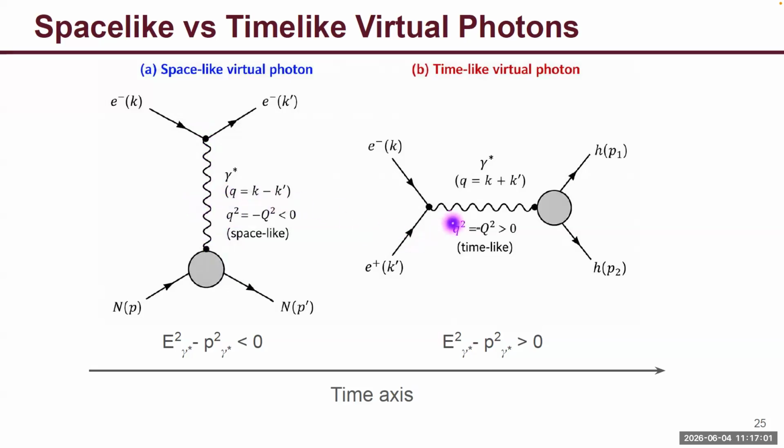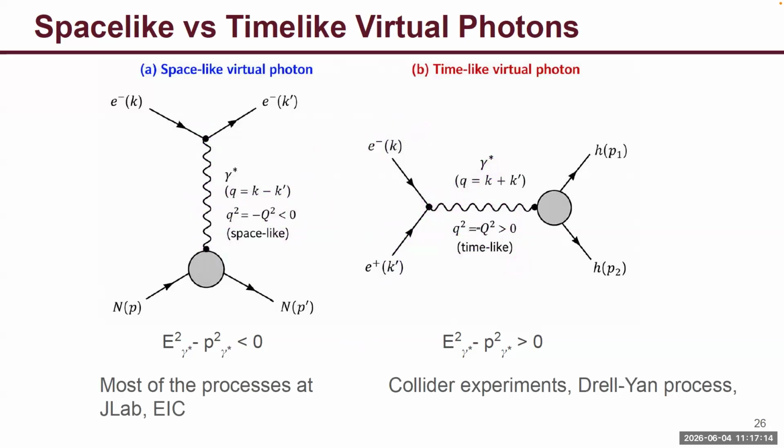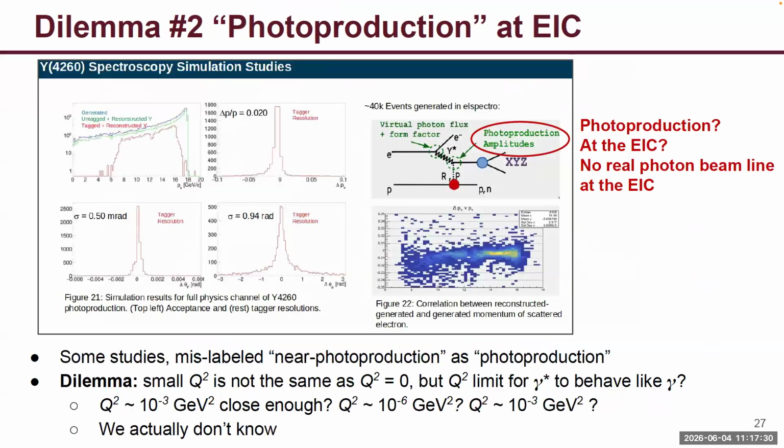And the time-like virtual photon is along the time axis. It depends on the value of the virtuality whether it is space-like or time-like. So at the EIC and also JLab, we always deal with the space-like virtual photon. And for collider experiments, we often refer to this kind of exchange as the time-like virtual photon.